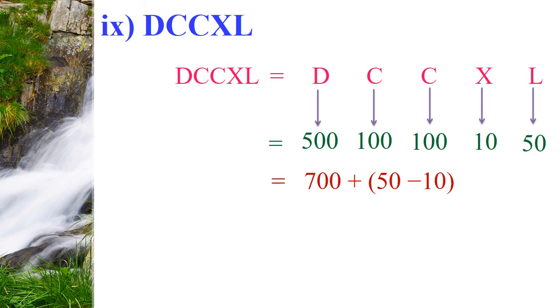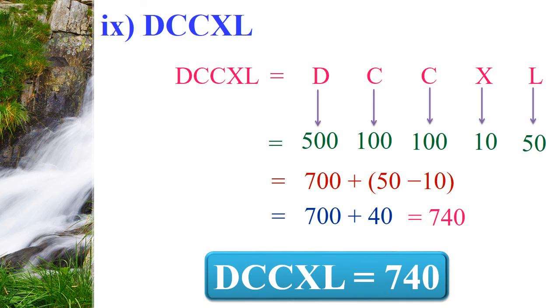So 500 plus 100 plus 100 we get 700. Next one smaller number next larger number. So here we have to subtract. So 50 minus 10 we get 40. 700 plus 40 we get 740. That is DCCXL equal to 740.